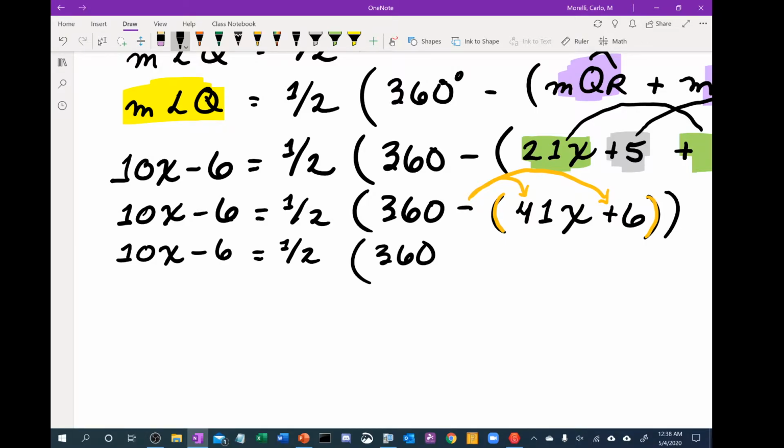And now we're going to distribute that negative symbol, minus 41x minus 6. Now we're going to close that parentheses off. Okay. We're doing good.